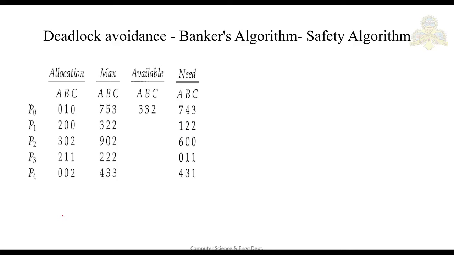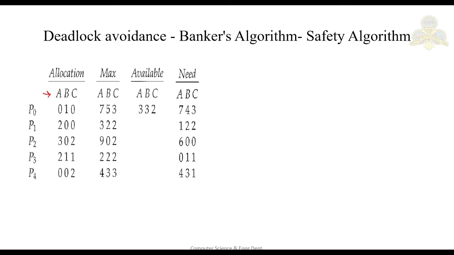So suppose we have 5 processes in the system, that is P0, P1, P2, P3, P4. Then ABC are the resource types.